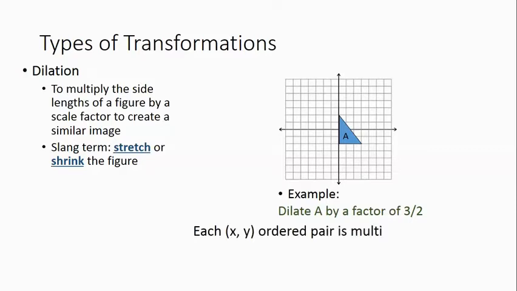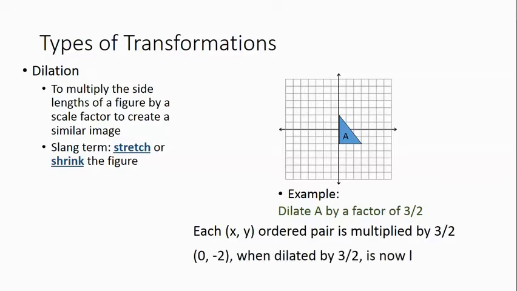Each xy ordered pair is thus going to be multiplied by 3 halves. So if we take the 0, negative 2, for example, when we dilate it by 3 halves, it will now be located at 0, negative 3. 0 times 3 halves is 0. Negative 2 times 3 halves is negative 3. Here's what it'll look like in pictures.